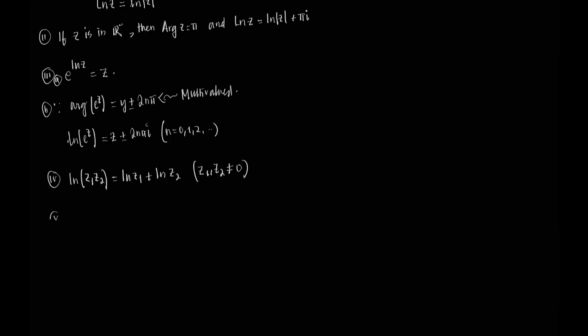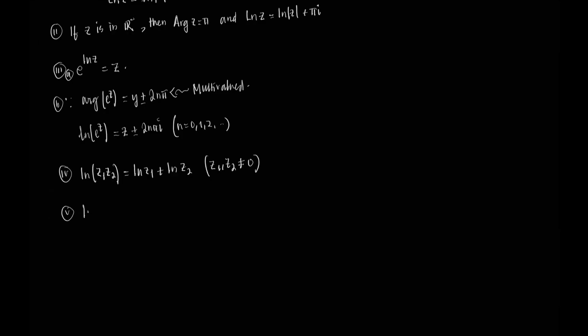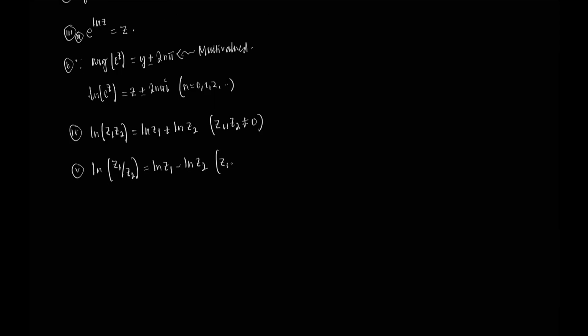And the fourth part is log of z1 by z2. What is it exactly? What you have guessed: it is log of z1 minus log of z2. Again here it is given that z1 z2 is not equal to 0. Those are very nice properties that are always there.